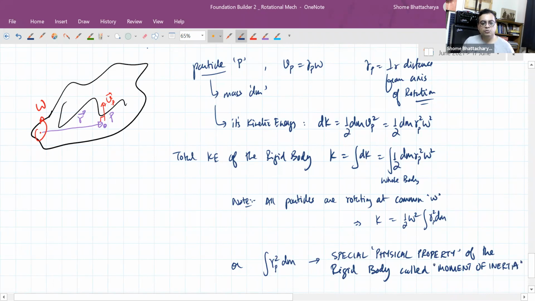We'll discuss more about moment of inertia. We denote it with the symbol capital I.